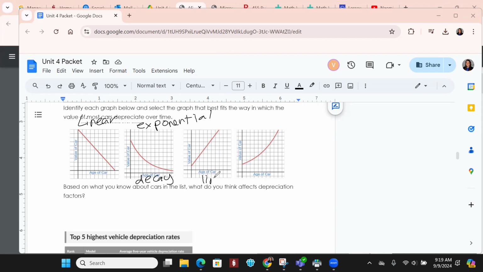This is linear. This is exponential growth. Okay, so A, B, C, or D, which one do you think displays depreciation for an age of a car? B, why? Yep, okay.